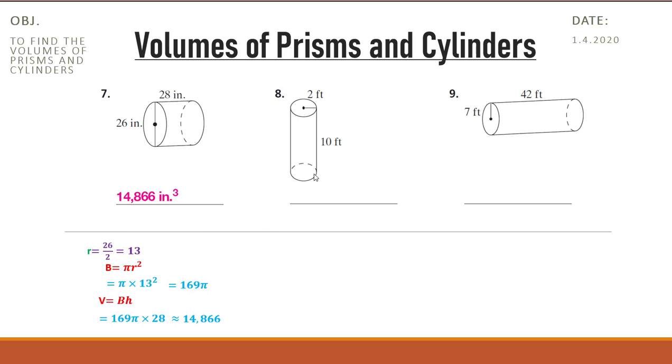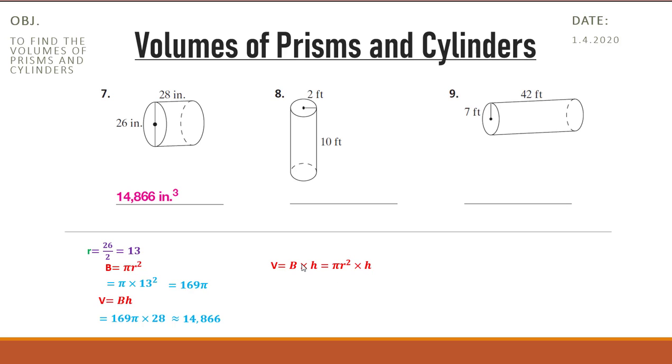Now I will solve also number 8, but I need you to help me. Let's start first. We have radius. So at first find the base area. Okay? And after that multiply it by the height. Look at this. I will use it as one rule.